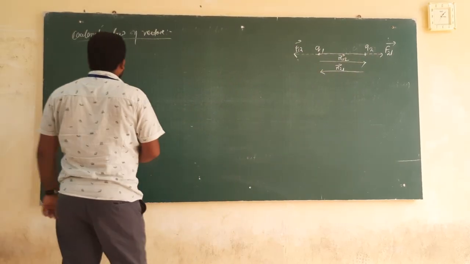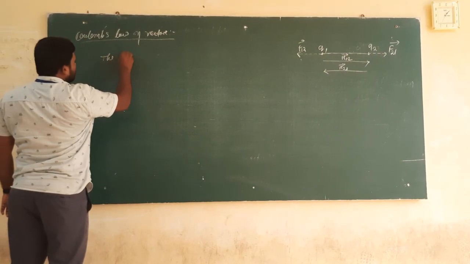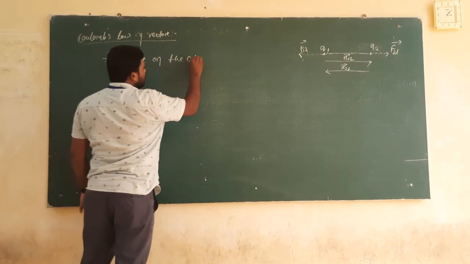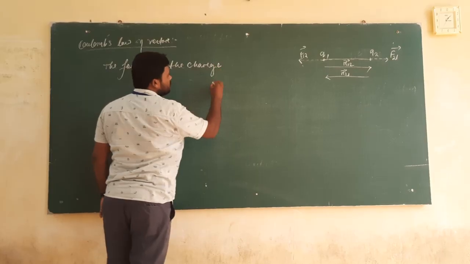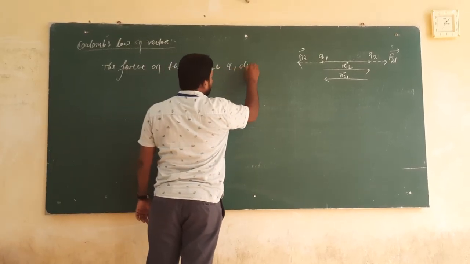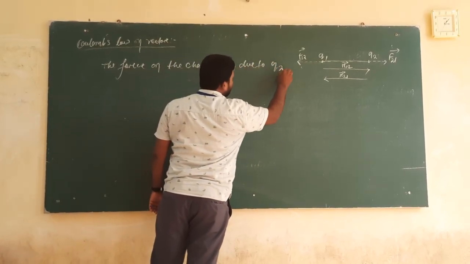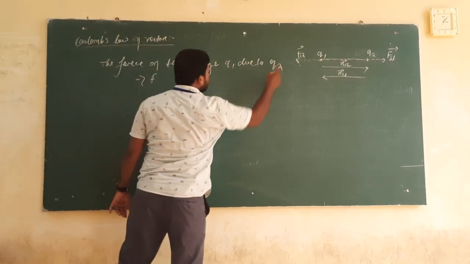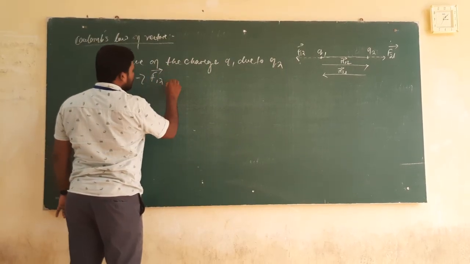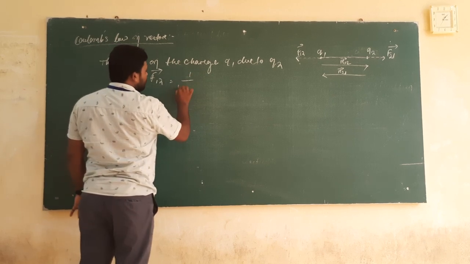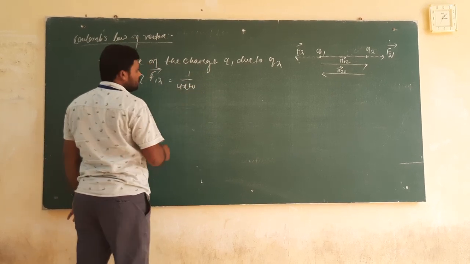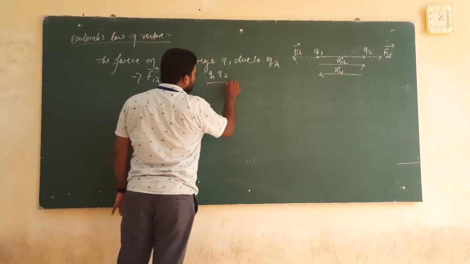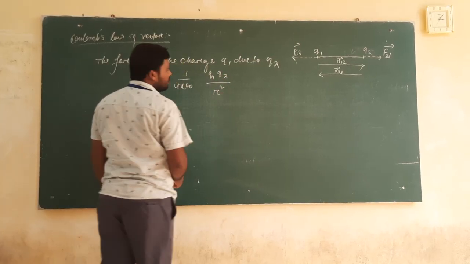Now let's write the force on the charge Q1 due to Q2, that is F12, which is equal to 1 by 4 pi epsilon naught, the magnitude of two charges Q1 Q2 by R squared.